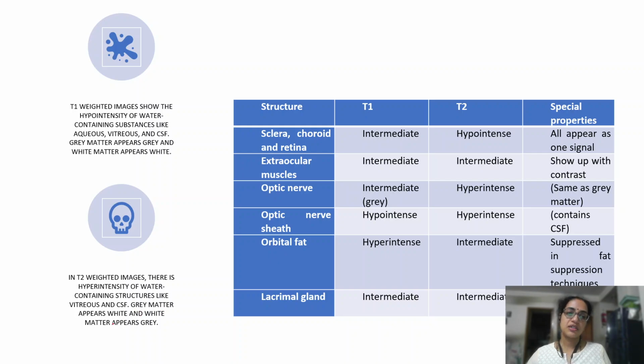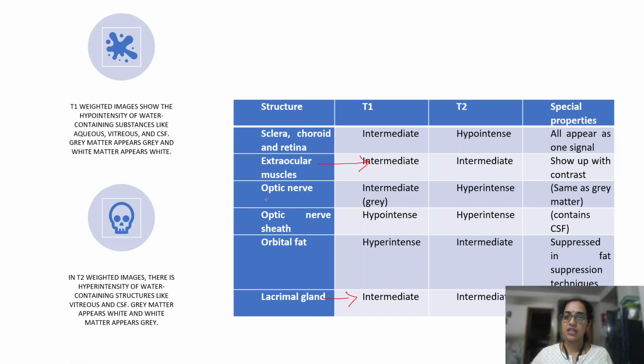So gray matter appears white and white matter appears gray. So structures like sclera, choroid and retina, they are intermediate on T1 and T2, they become hypointense. Whereas extraocular muscles, lacrimal gland, they remain intermediate throughout the study.